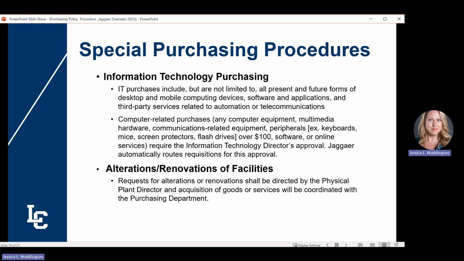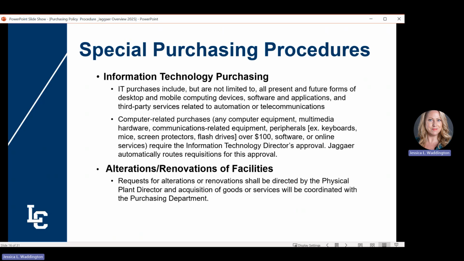Some examples of computer-related purchases are computer equipment, multimedia hardware, communications-related equipment, peripherals that are over $100, so keyboards, mice, screen protectors, and any online services. The Jagger system will automatically route a requisition for IT-related purchases for this approval.